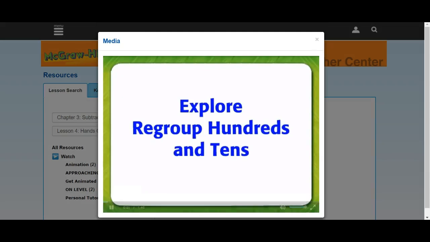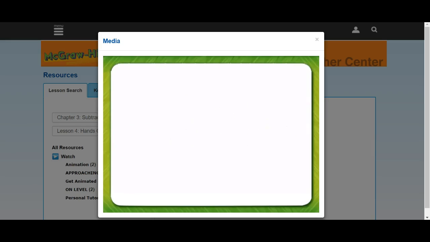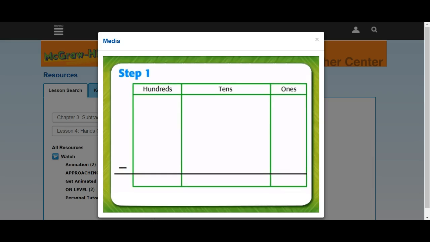Explore regroup hundreds and tens. Let's find 541 minus 288. First, let's begin by modeling 541. Let's look at the numbers in the ones. Can we subtract 8 from 1?